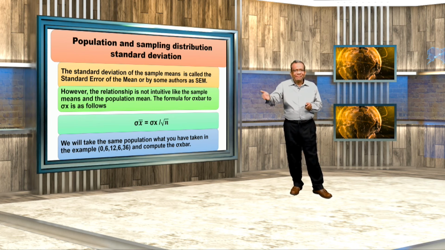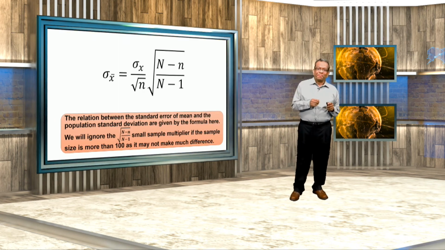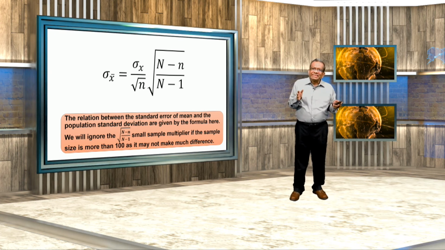Now, we can take the same sample population as in the example of 0, 6, 12, 6, 36 and compute x bar, and we use this formula. The relation between the standard error of the mean and the population standard deviation is given by the following formula. There is a small sample multiplier.